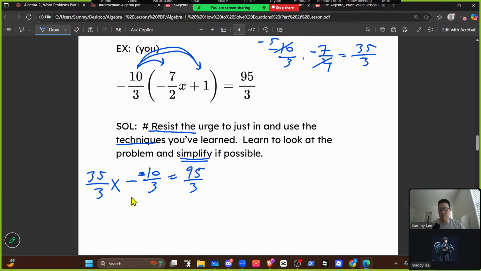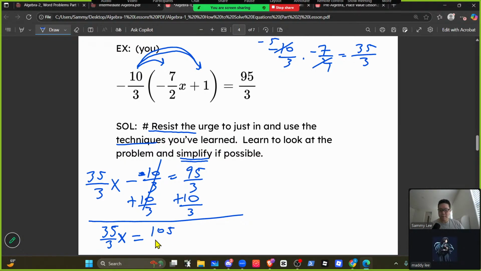Add 10 over 3 to both sides. That's going to cancel, and so on the left side, we have 35 over 3 x equals 95 over 3 plus 10 over 3. What's that? 105. 105 over 3.